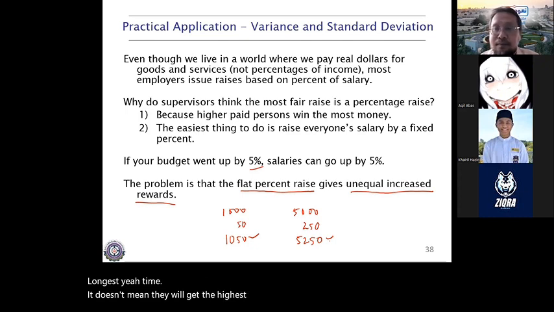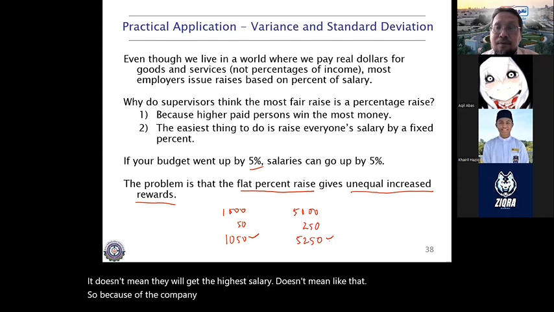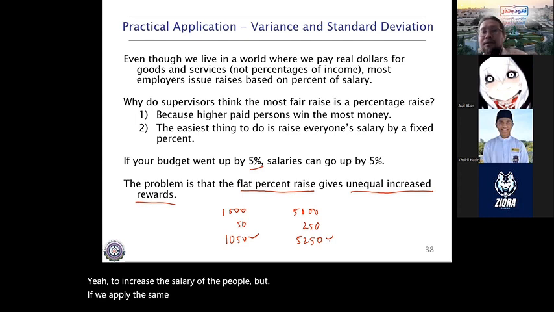The company has a performance measurement to increase the salary of the people. But if we apply the same 5%, then it will give an unequal increment, right.